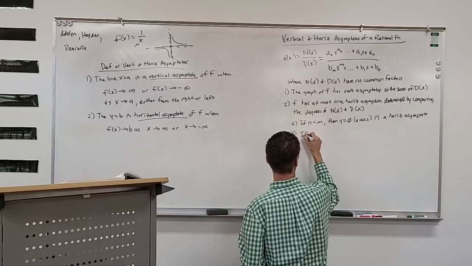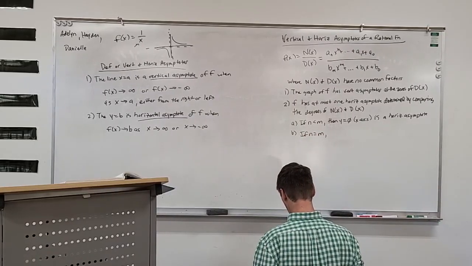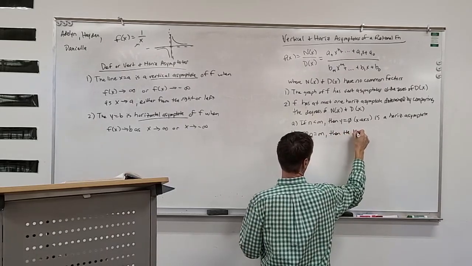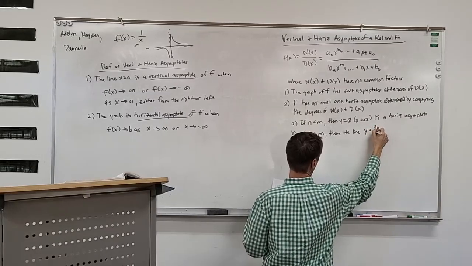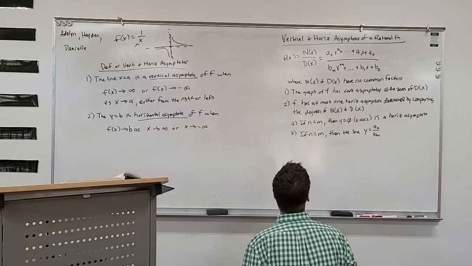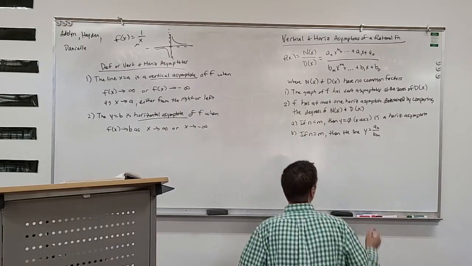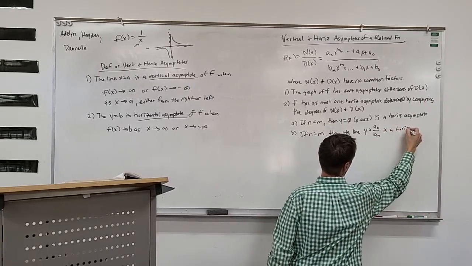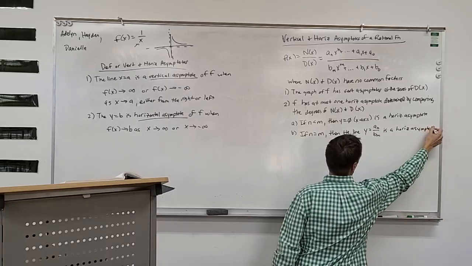If n equals m, then the line y equals a_n over b_m, our leading coefficients, is a horizontal asymptote.